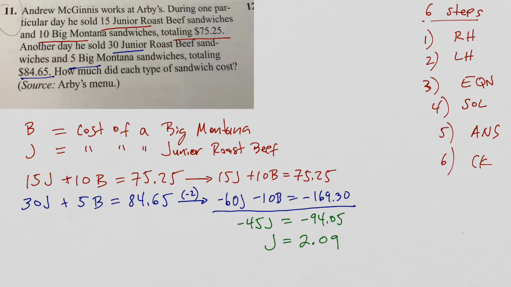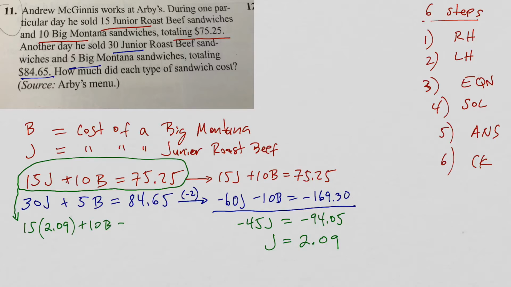Now, if I take that and put it into one of my originals, like say this one, $15 times that plus 10B equals 7425.